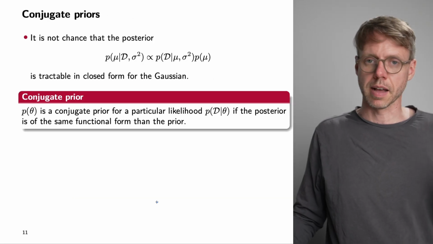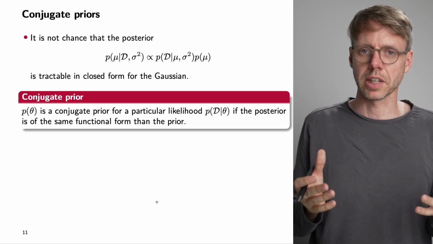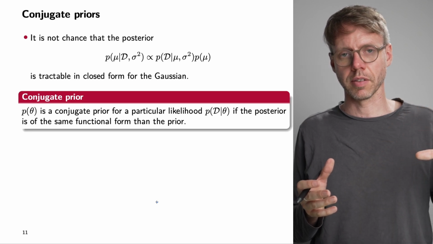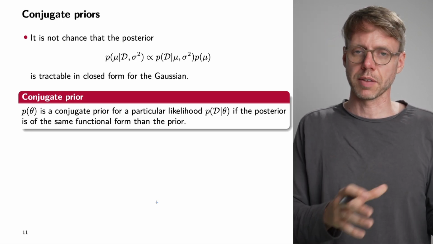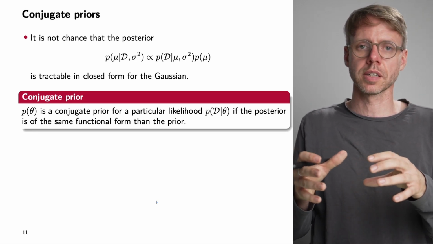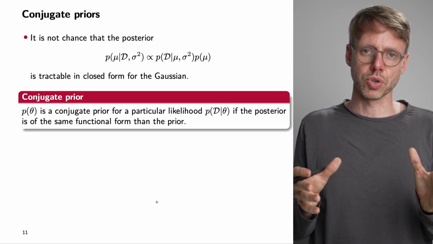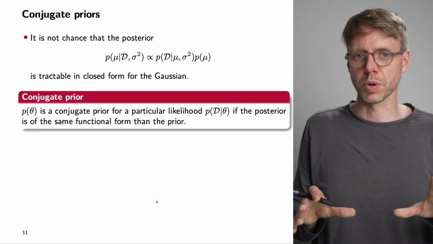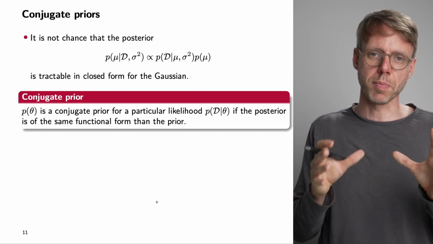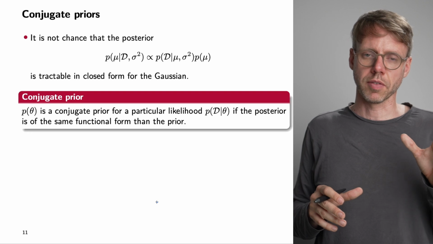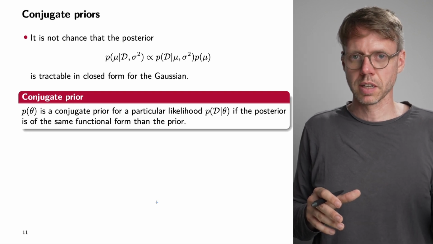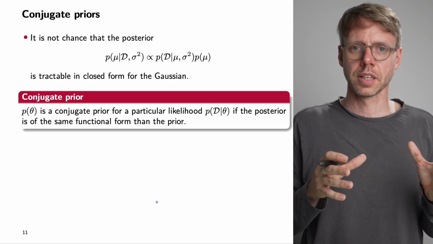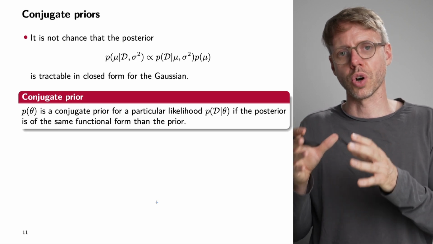Now in the Gaussian example, we took a mathematical shortcut by reasoning that the posterior had the functional form of a Gaussian distribution, and then we used completing the squares to find the parameters of this Gaussian distribution. This shortcut allowed us to not deal with this annoying normalizing constant. The fact that this was possible is actually not a coincidence, because the Gaussian distribution belongs to a class of distributions that has a so-called conjugate prior.